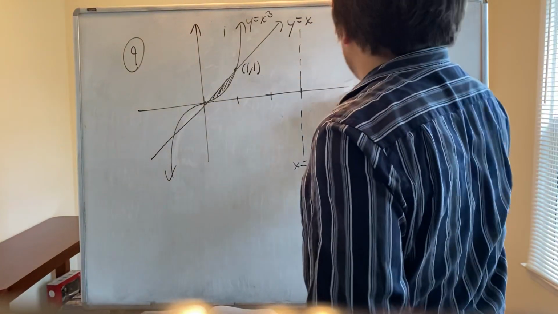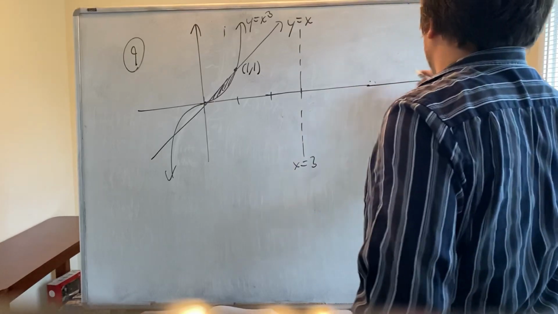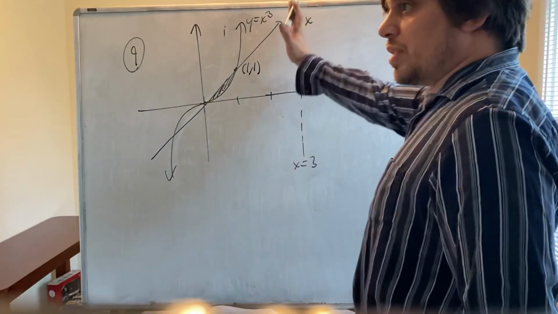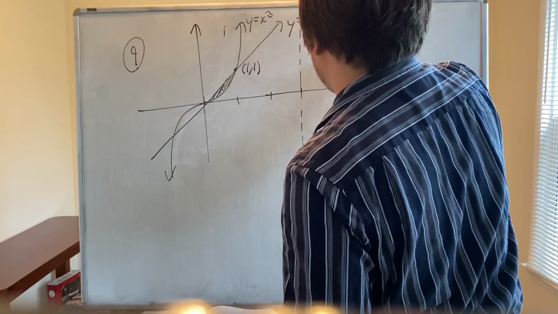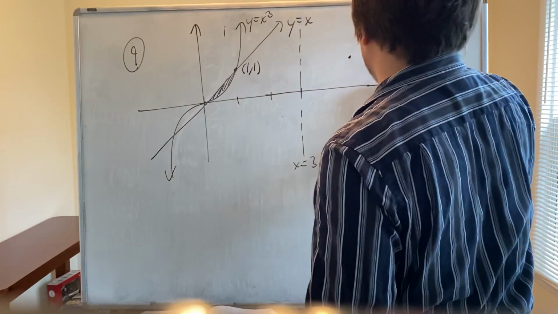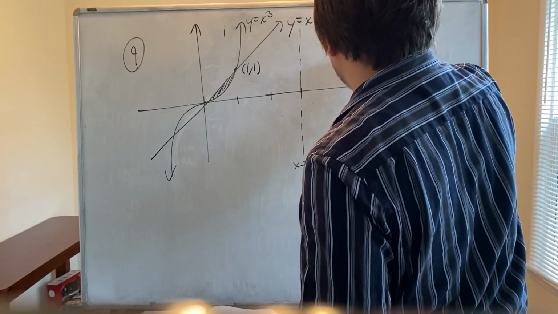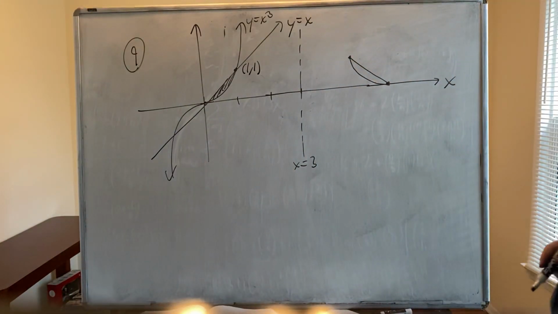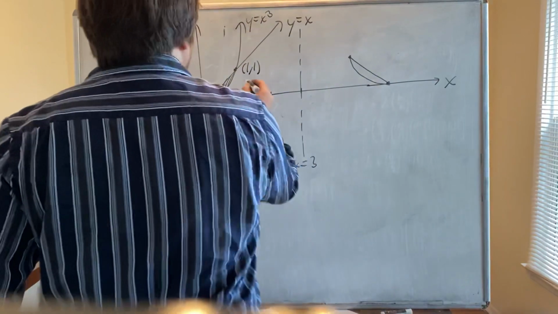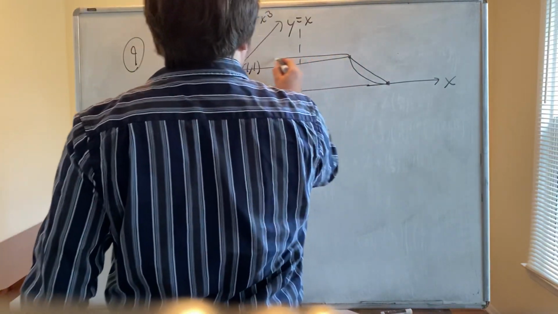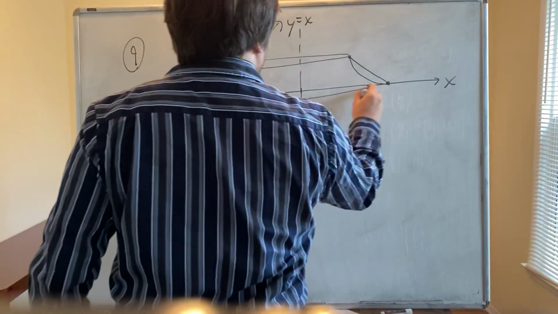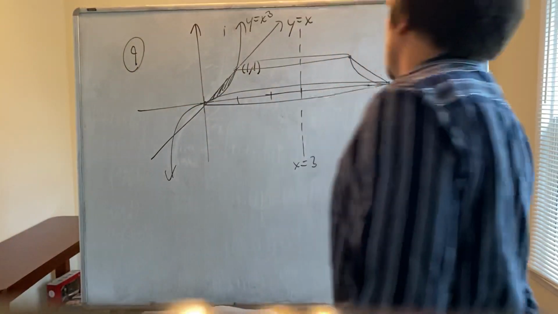And so if we take that shaded region and reflect it at the line x equals 3, then the mirror image we get is kind of like this. Okay, so now we're rotating it, and so here's the circle, here's the other circle.